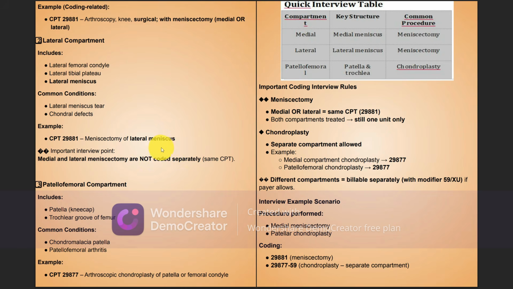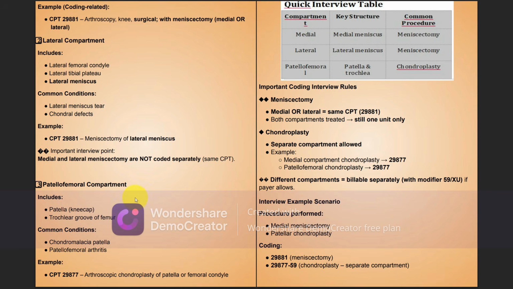So if a lateral meniscus procedure is performed, we use 29881. Important interview point: medial and lateral meniscectomy are not coded separately, same CPT, right? They will not be coded separately.